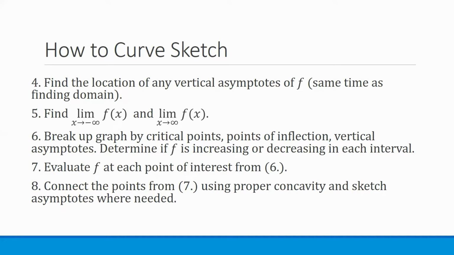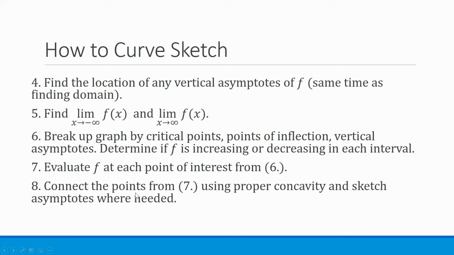Once we figured out all of that stuff, then we can start graphing. We will break up the graph by critical points and points of inflection and vertical asymptotes. Then we can see where f is increasing in each interval and where f is decreasing in each interval. We'll figure out where the function is at each point of interest, meaning where are the critical points, where are the points of inflection.